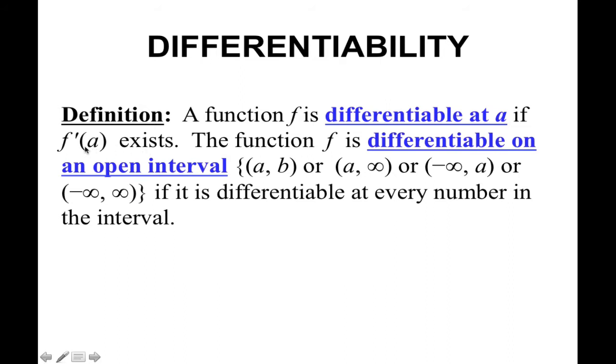So the tangent line exists, that means you can calculate the slope of it. The function f is differentiable on an open interval, and an open interval could be anything as a to b, or a to positive infinity, or negative infinity to a, or all real numbers, so negative infinity to infinity, if it is differentiable at every number in the interval.